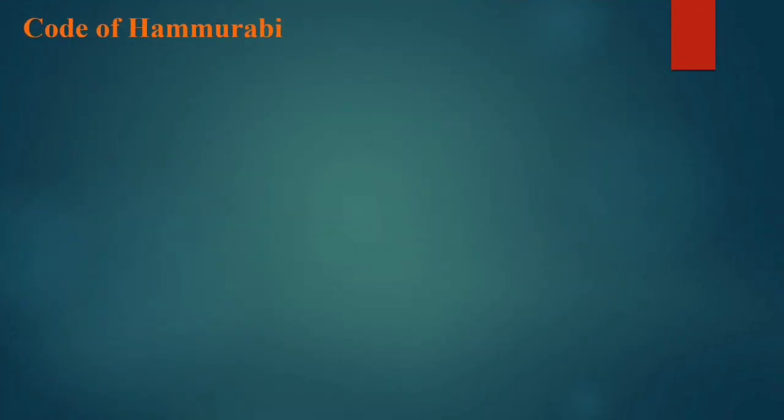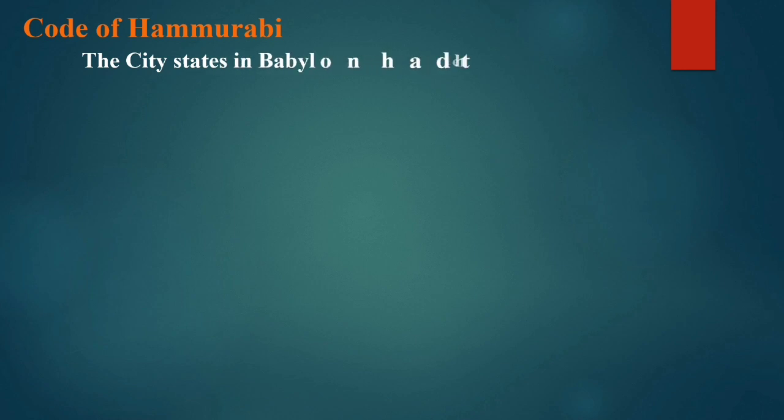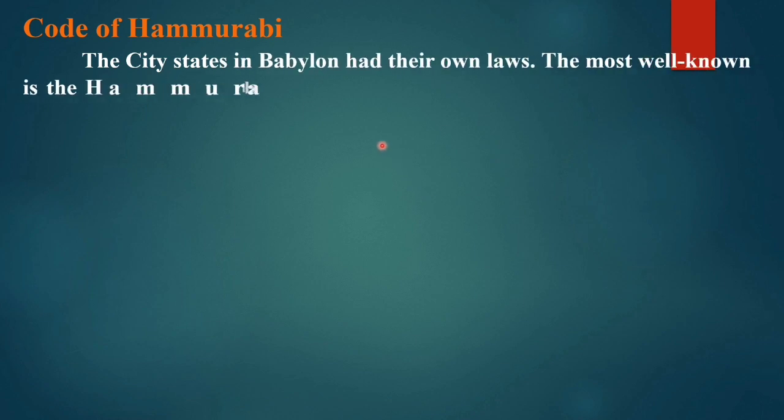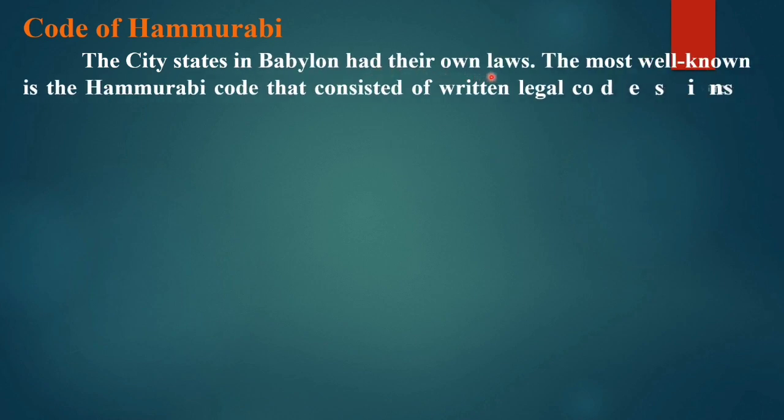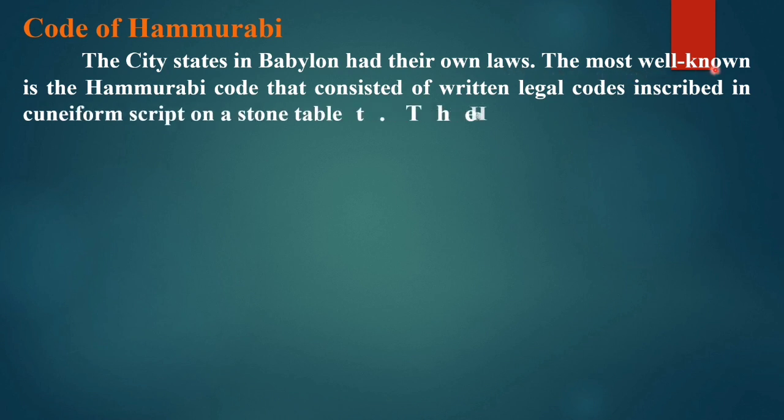Code of Hammurabi. The city-states in Babylon had their own laws. Most well known is the Hammurabi Code, which consisted of written legal codes inscribed in cuneiform script on a stone tablet.